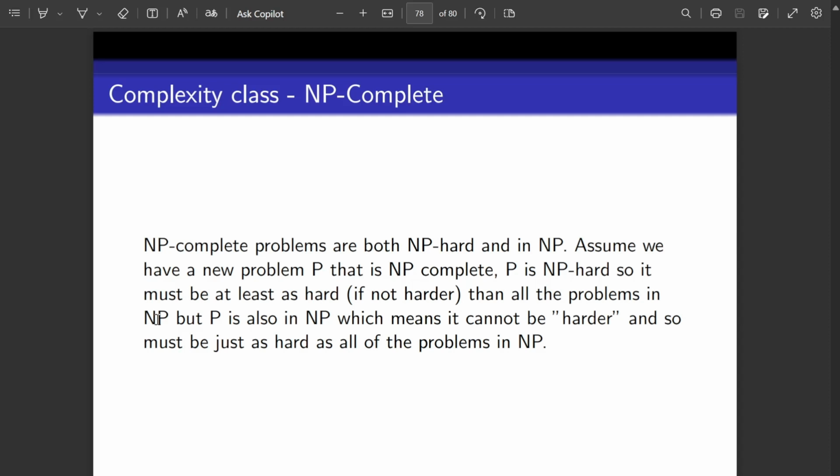P is NP hard, so because it's NP hard, it must be equally as hard as or harder than all of the problems in NP. But P is also in NP, which means it cannot be harder. So it has to be the hardest of the problems in NP, which is a bit abstract to say, but does that make sense to everyone?